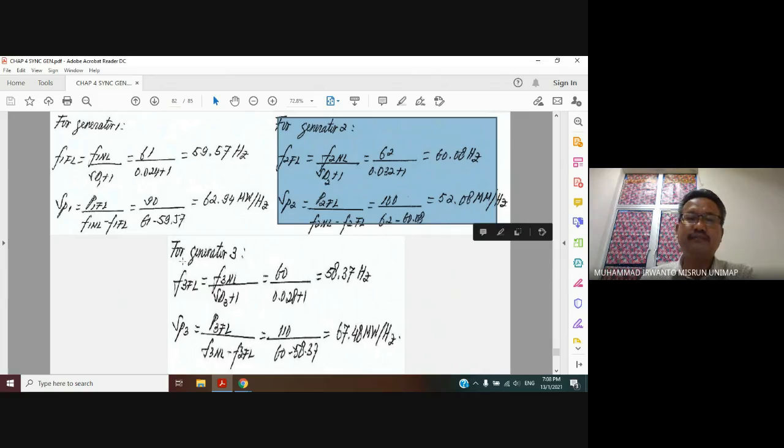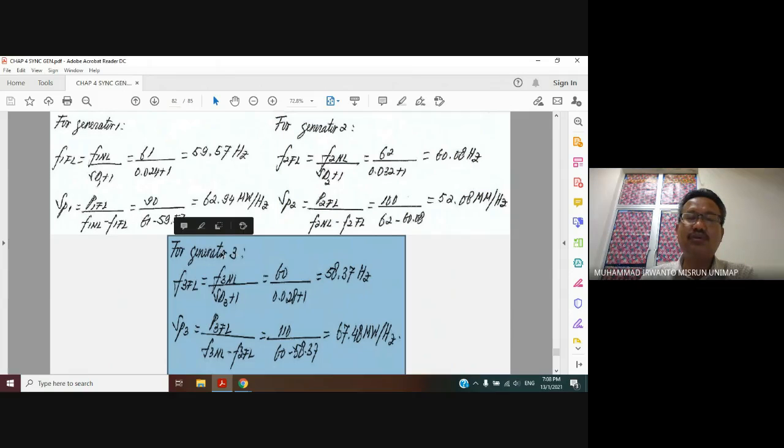megawatt per hertz. Then in the same way, we find the full load frequency and slope of power frequency for generator 3. We obtain a full load frequency for generator 3 of 58.37 Hz and a slope of power frequency for generator 3 of 67.48 megawatt per hertz.